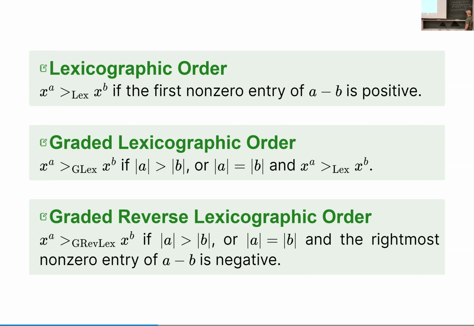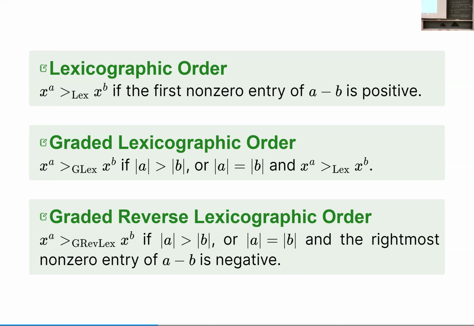And I get 2, minus 3, 1. The leftmost non-zero entry is positive. So this one should go before that one. So in glex, this would be x cubed y squared z to the 4, then x y to the 5 z cubed plus x to the 4.